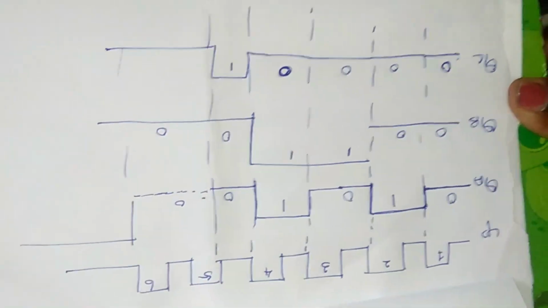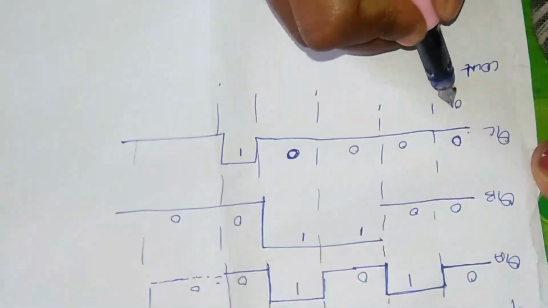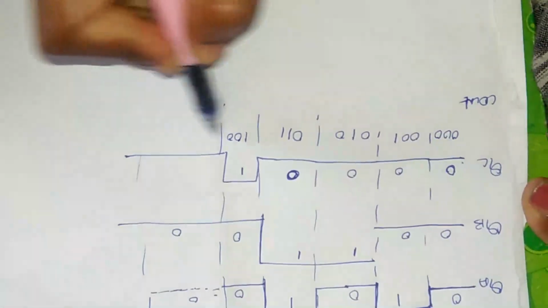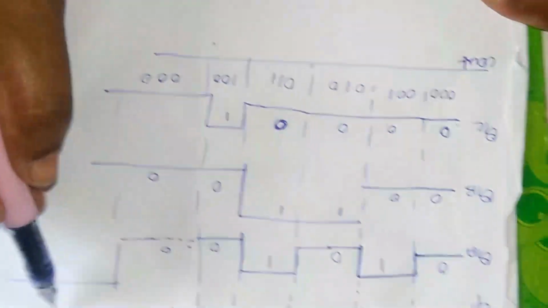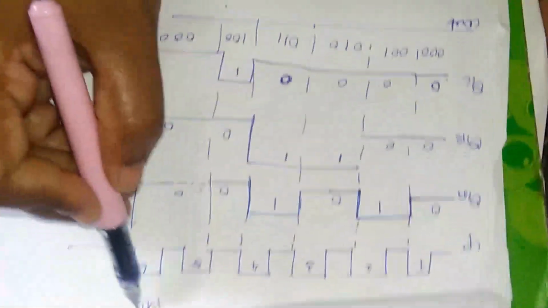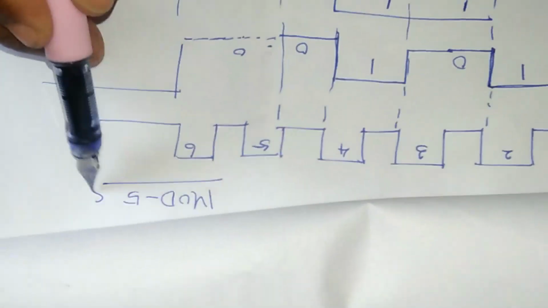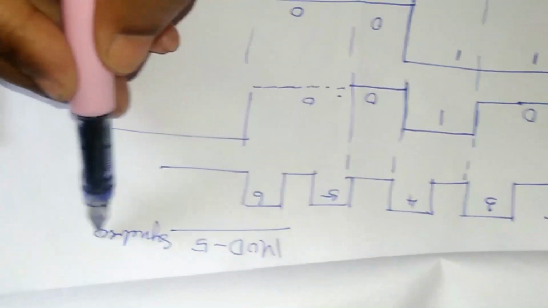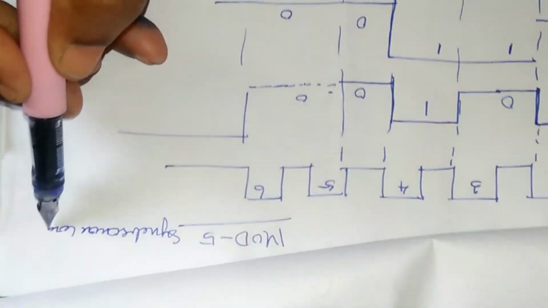Here you can write the counting sequence: 0, 1, 2, 3, 4, and then again 0. So this is the timing diagram of your mod 5 synchronous counter. This completes your entire problem.